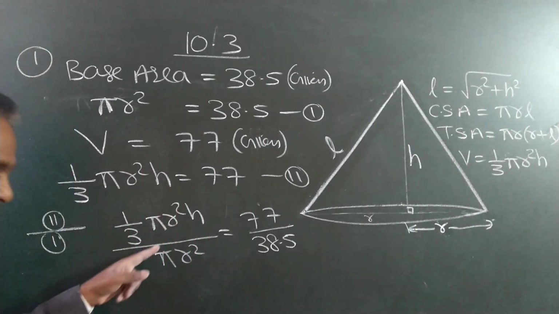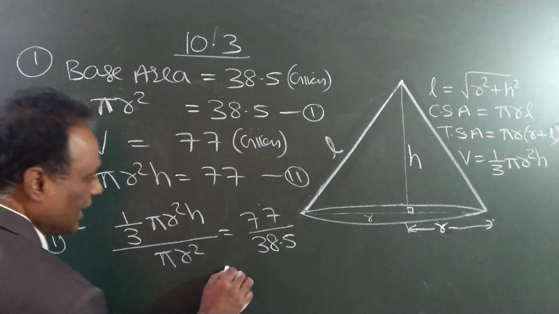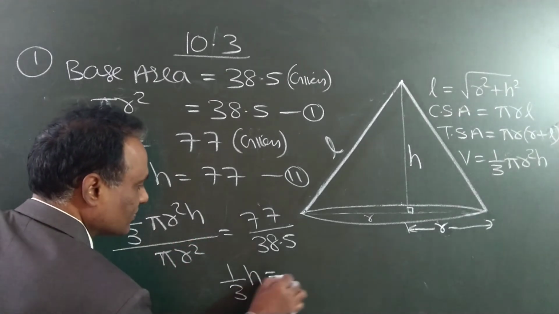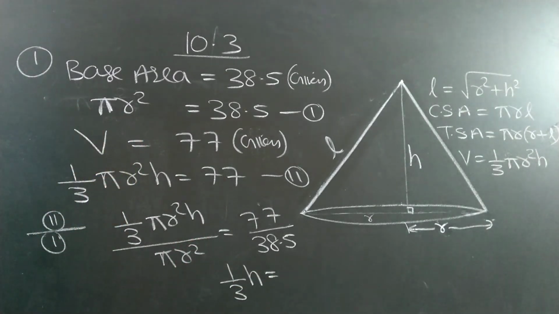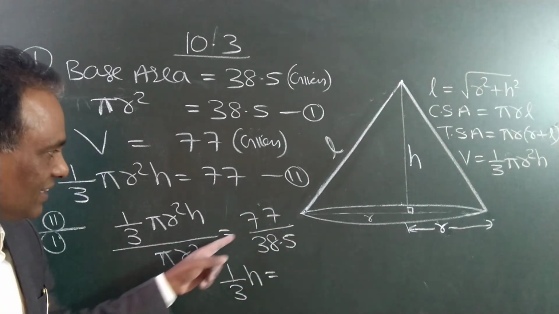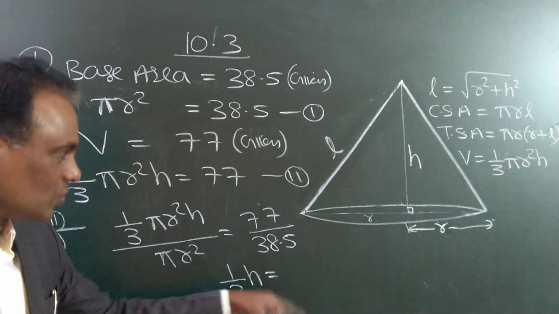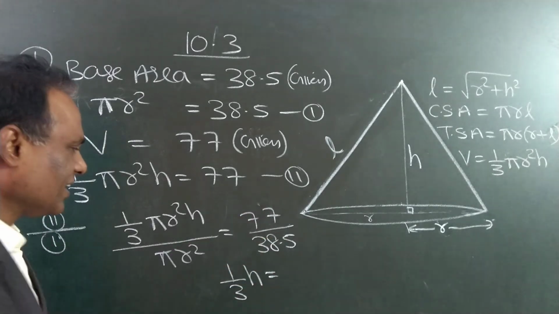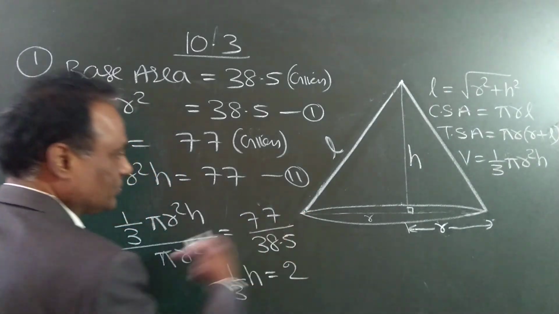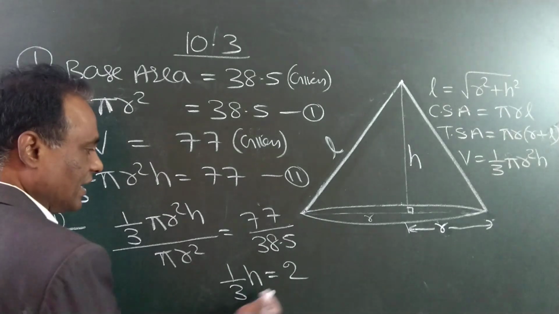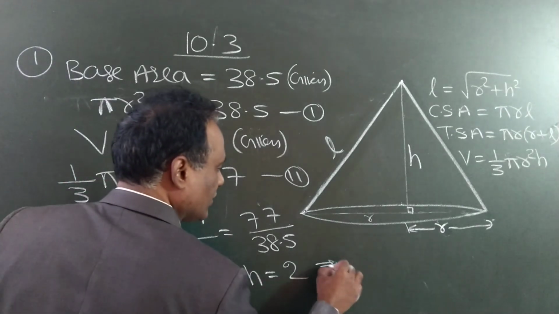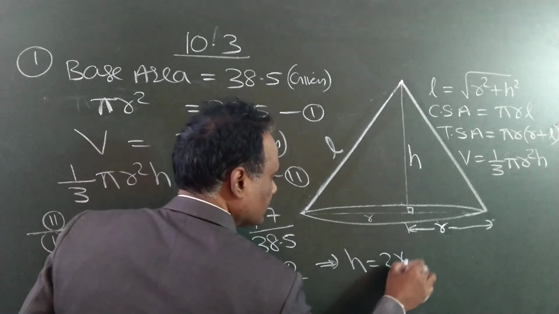R square cancels. 1 by 3 h. Put the decimal here. So 38.5 two times, you simplify it. It will be 2. 3 that side, 3 into 2, 6. h is equal to 6.